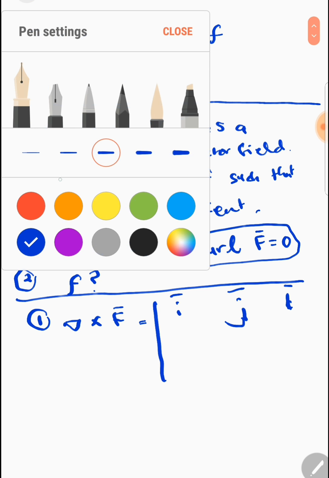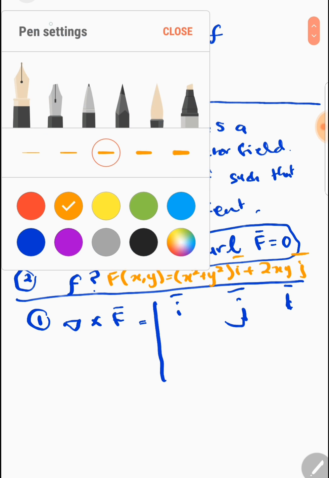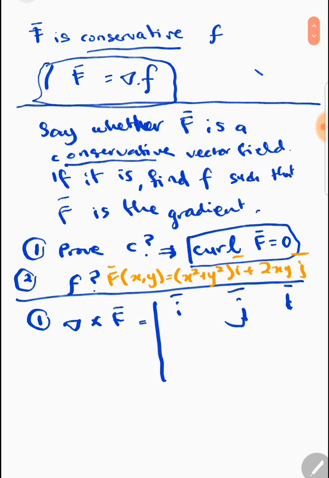They give that F of x, y is x squared plus y squared i plus 2xy j. Coming back to the question, do you see what's wrong with what I just wrote? Do you sense any issue with it?